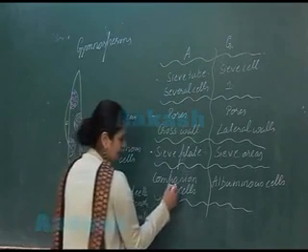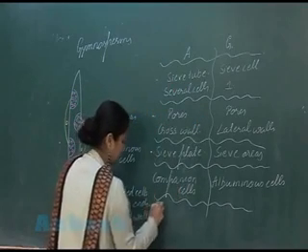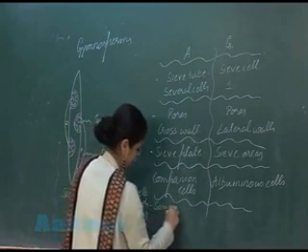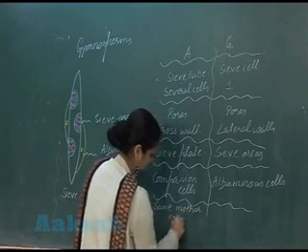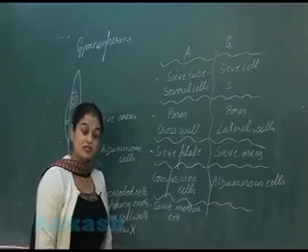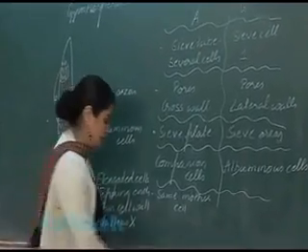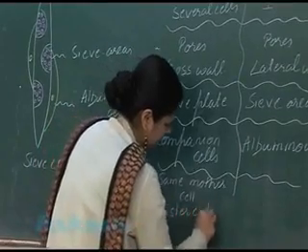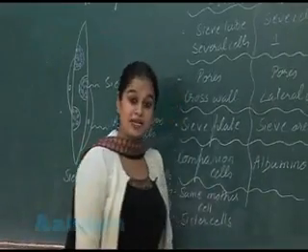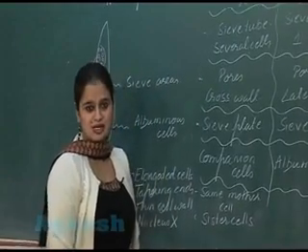Now the companion cells and the sieve tube are derived from the same mother cell. So they are known as sister cells.